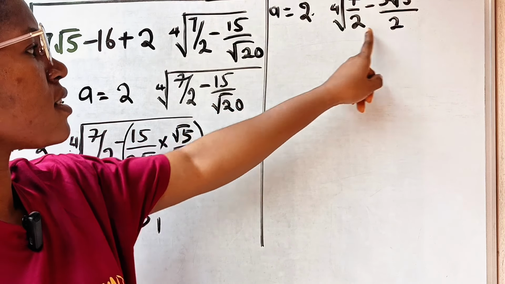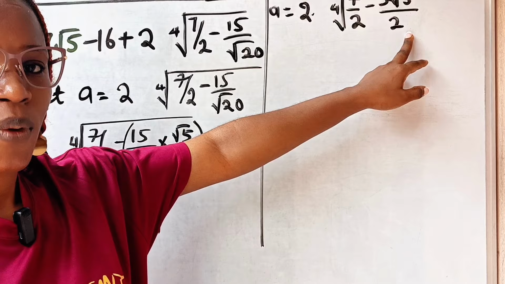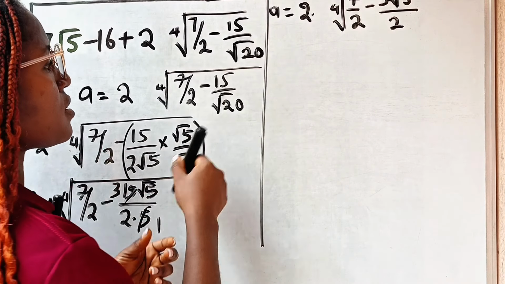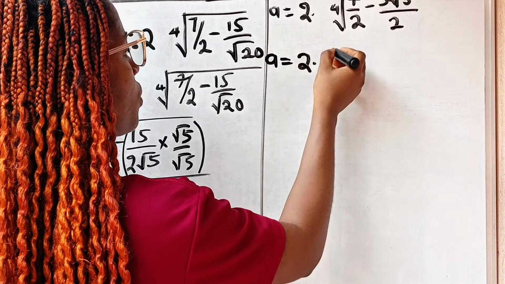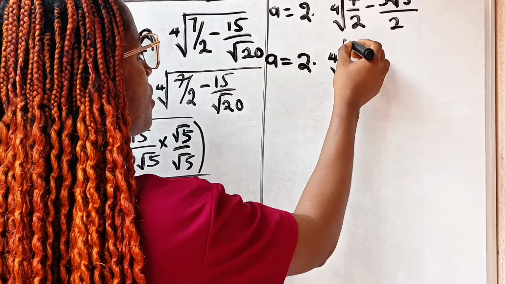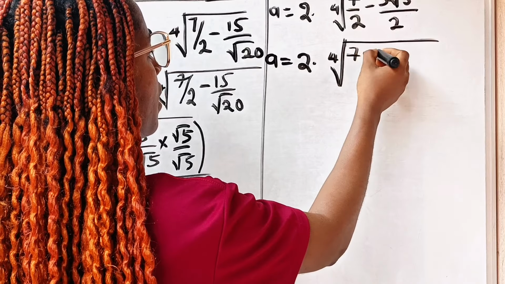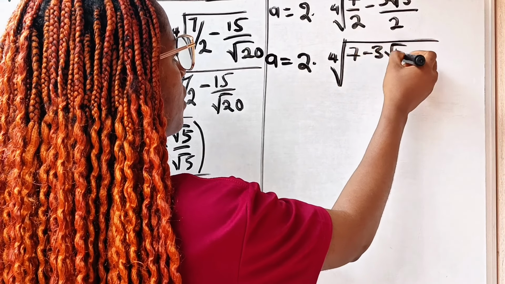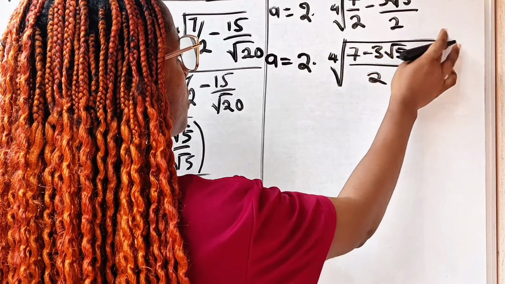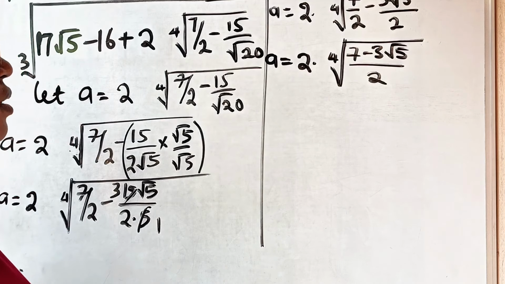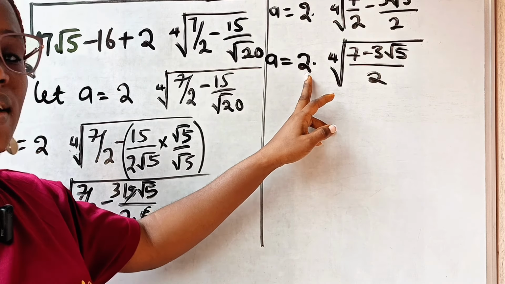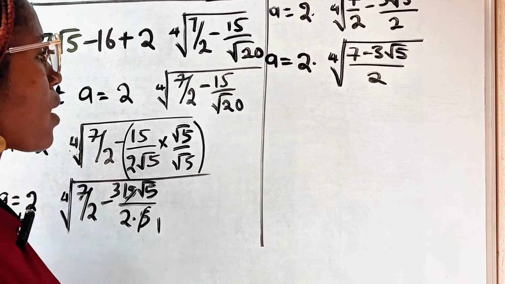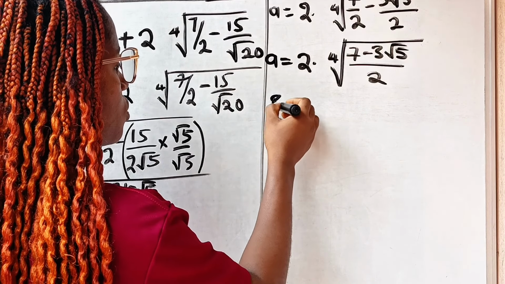Now, since they share the same denominator, we can write this as A is equal to 2 multiplied by the fourth root of 7 minus 3 root 5 divided by 2. Note that 2 is the same thing as the fourth root of 16.